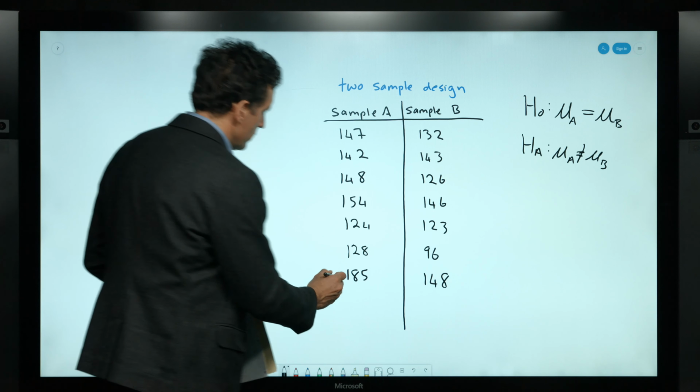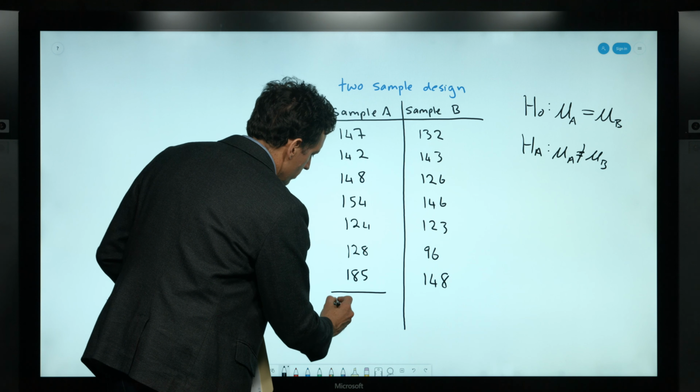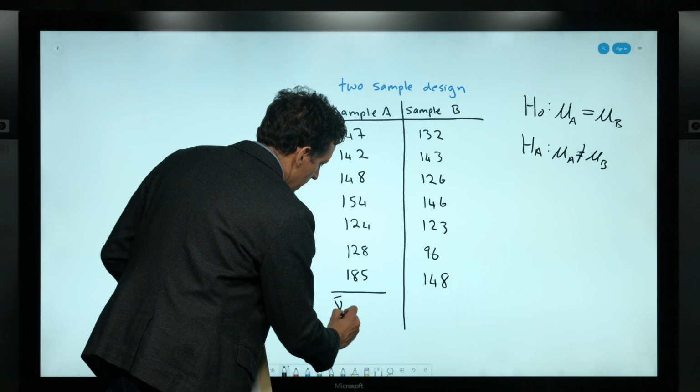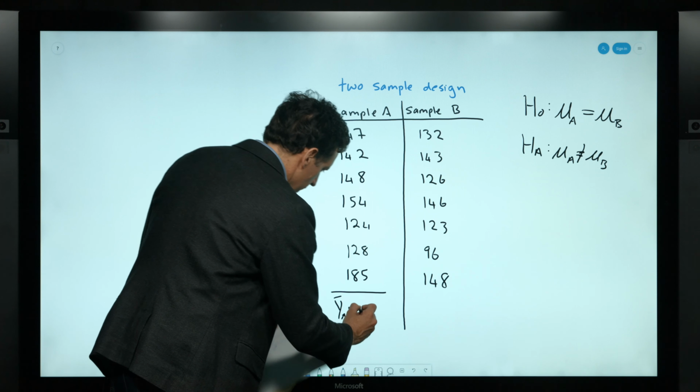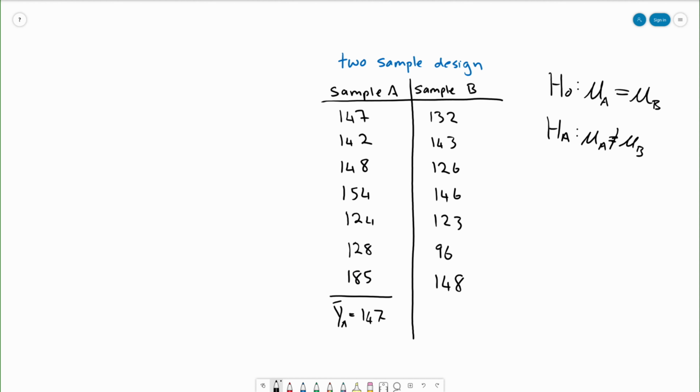So again, we need to compute the mean of this group. So the mean of group A is going to be, in this case, 147. The mean of the group B individuals is going to be 131. And then what we also need to calculate in this case is the variance.